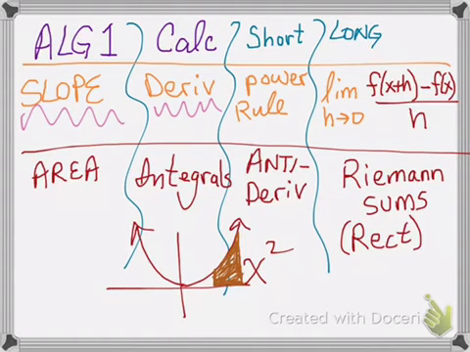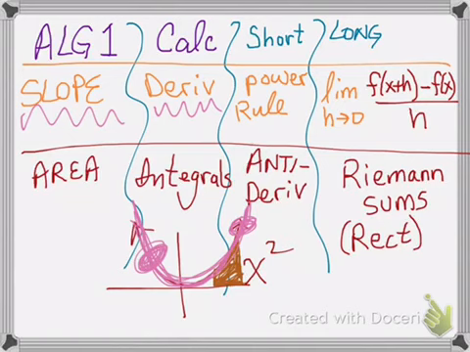Like, for example, this parabola here is curvy. In Algebra 1, you never found the slope of a curvy line. What calculus does is it allows you, using derivatives, to find the slope of the tangent line as it moves along a curve, okay? So the slope is changing. Over here, the slope would be negative because it's going downhill. Over here, the slope would be positive because it's going uphill, and the slope is changing.